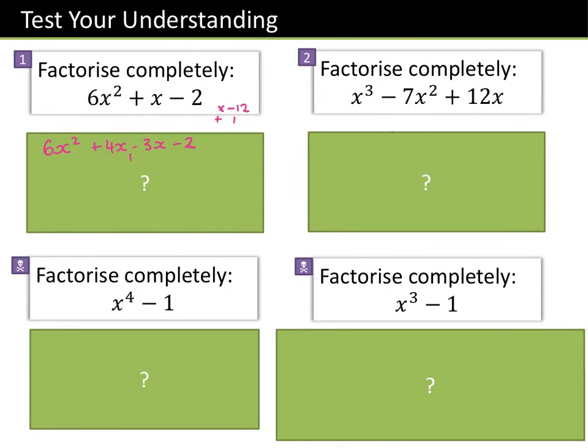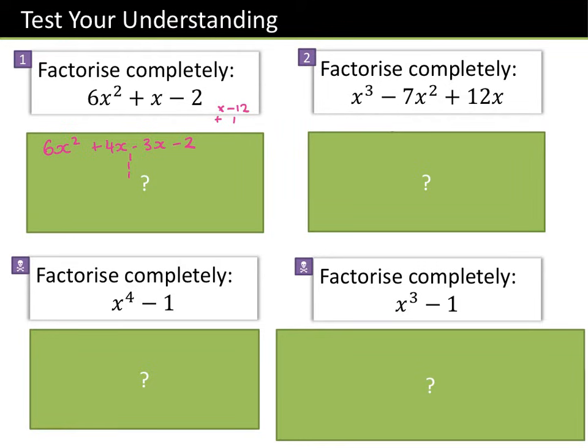Now, I'm going to split it in half and look for the common factors. But I can see that between 6 and 4, I have a common factor of 2 and x, and minus 3x and minus 2, my only common factor is minus 1. So let's give it a go.